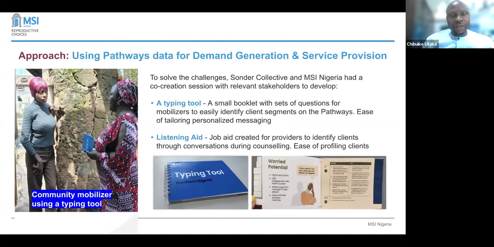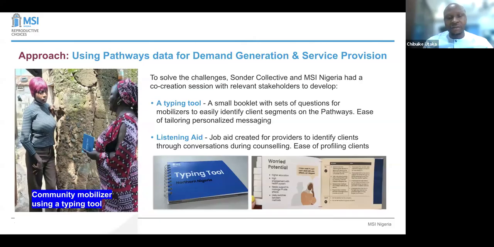So in creating those tools, just like Ogechi mentioned, there's no better way to do that other than to also engage and involve those people who are going to be using those tools. So part of our team that designed the tool involved the community-based mobilizers, the social and behavioral change communication officers, as well as representatives from the Health Promotion Office of the State Ministries of Health for Kaduna and Kano.